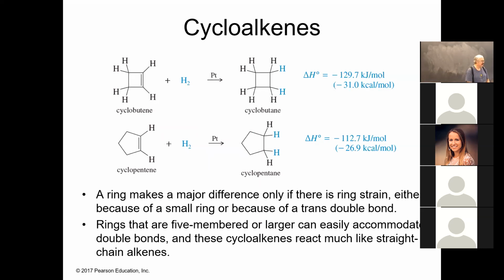But if we have a 3 or 4-membered ring with a double bond, that's going to be more reactive because of ring strain. We can see the difference here between cyclobutene and cyclopentene. Negative 129.7 versus negative 112.7.